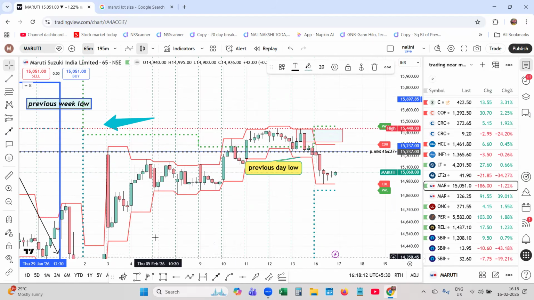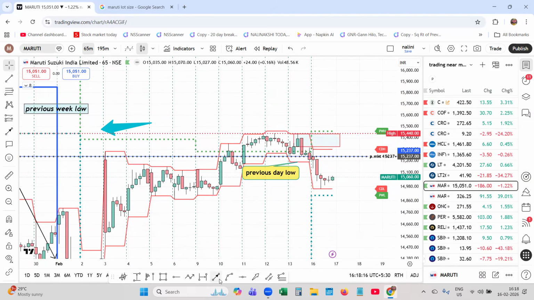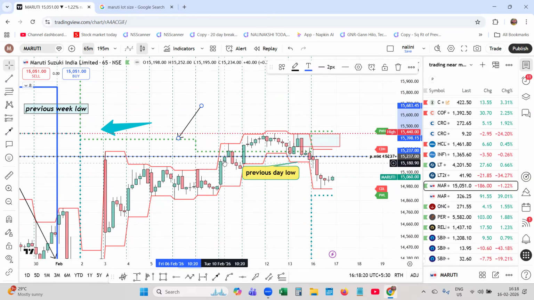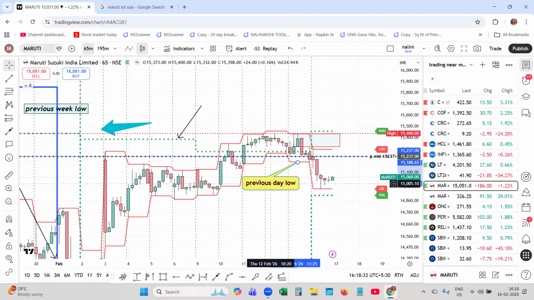This was the entire previous week high. And then in the current week, the market climbed above the previous week high and could not sustain. The pattern it was developing was a little bit of a distribution type.